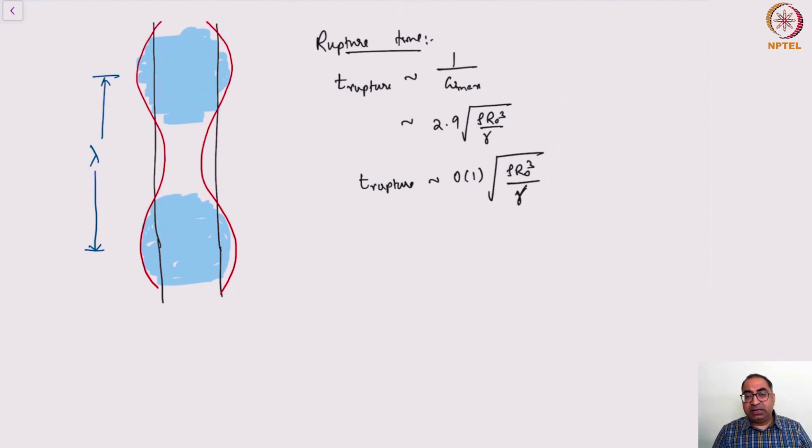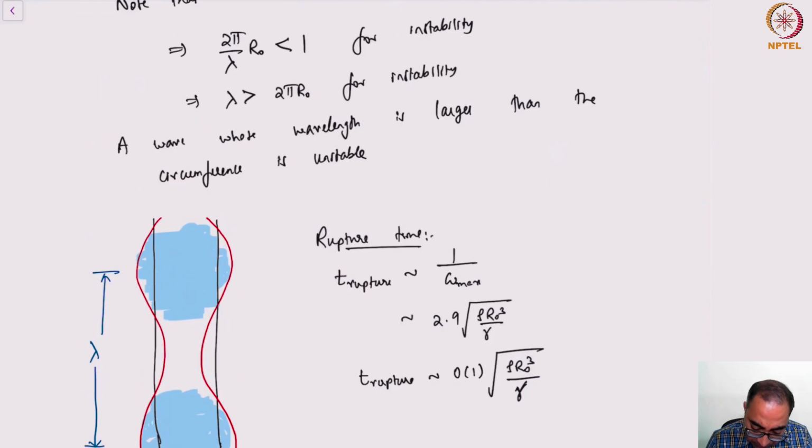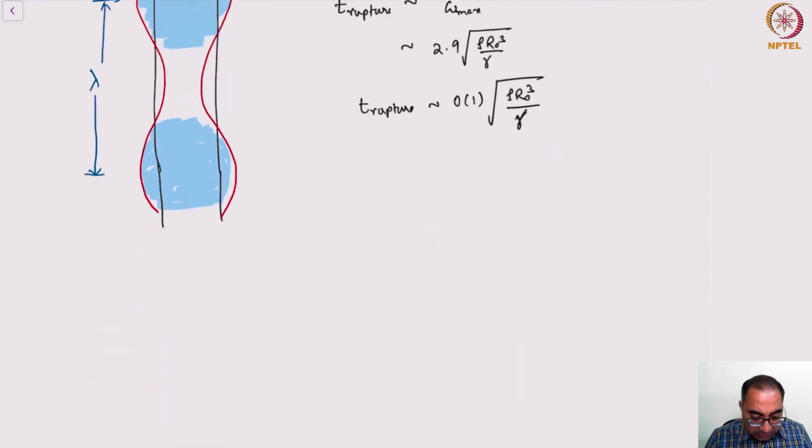This just comes from balancing the inertia to the surface tension terms. All right, so I think we've basically covered the discussion of the Rayleigh-Plateau instability.